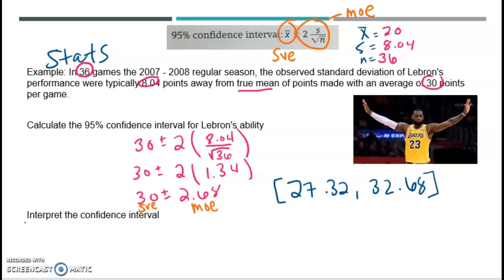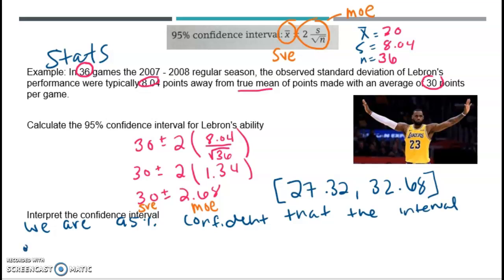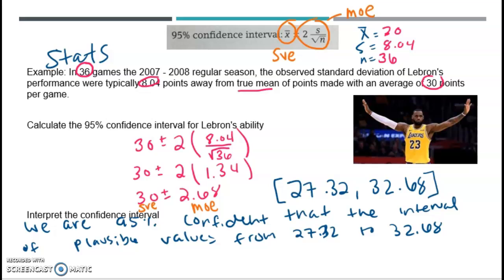If we're interpreting it, we always start the same way. So we are 95% confident that the interval of plausible values from 27.32 to 32.68 contains LeBron's true mean to score points per game.